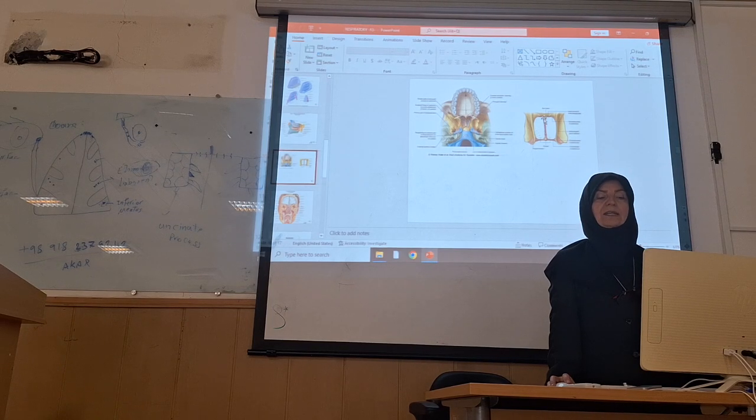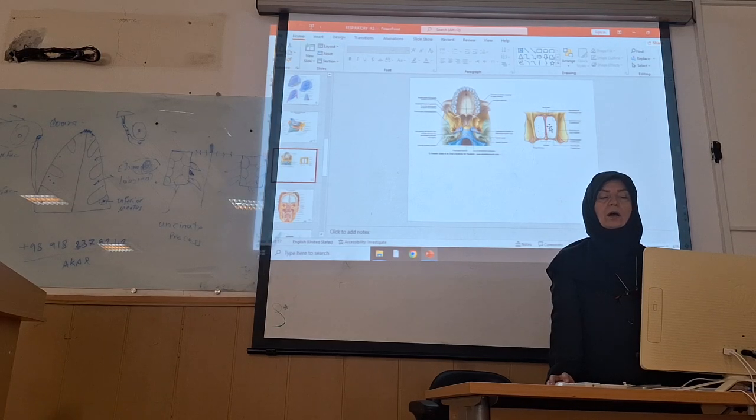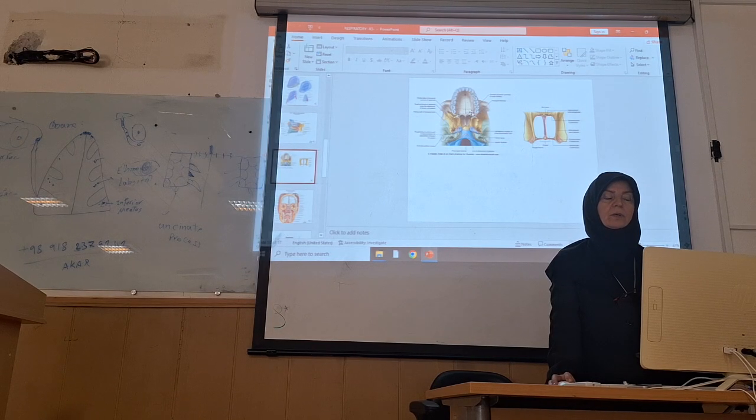This nasal cavity in the medial surface is going to be formed by the vomer. This picture I magnified here. It is the vomer. This choana inferiorly is going to be formed by the posterior border of the horizontal plate of the palatine bone. It is the palatine bone. This is the horizontal plate, and here is the posterior border of the horizontal plate.